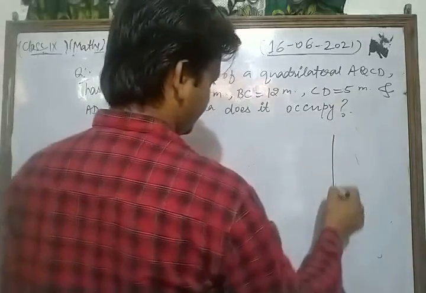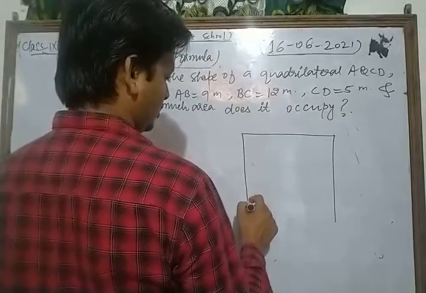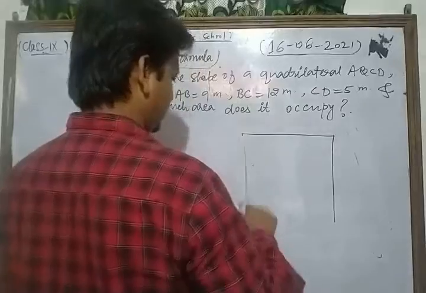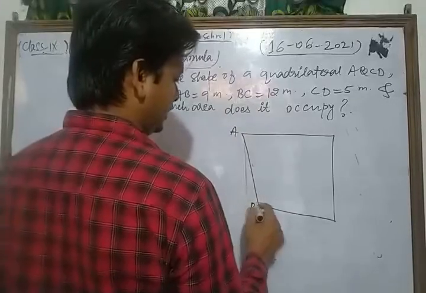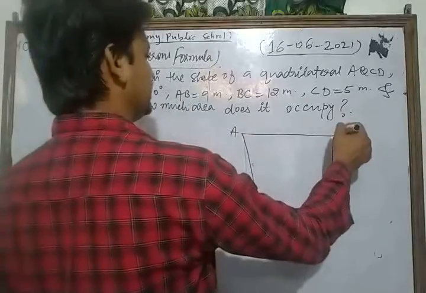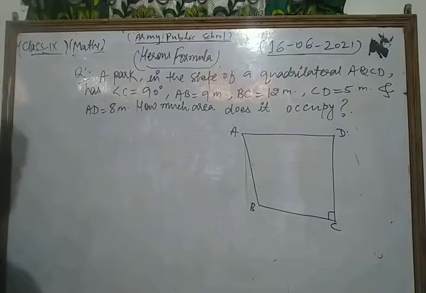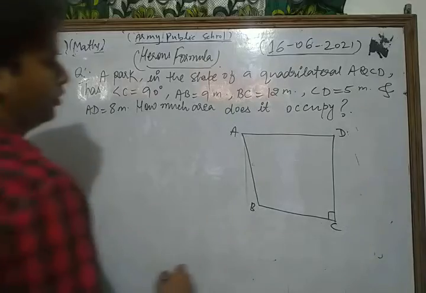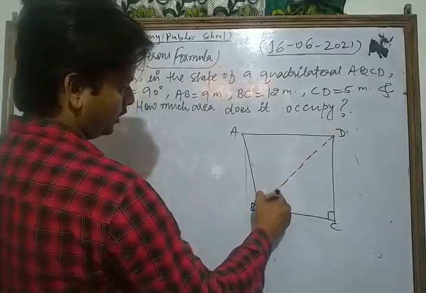So we take A, B, C, and angle C is 90 degrees, and this is angle D. Now we join its diagonal BD.